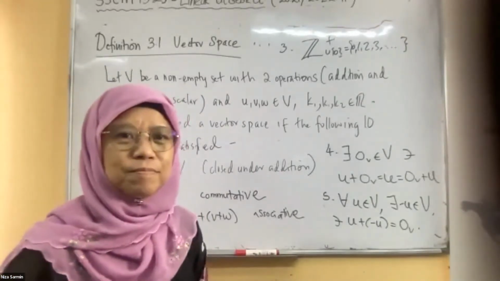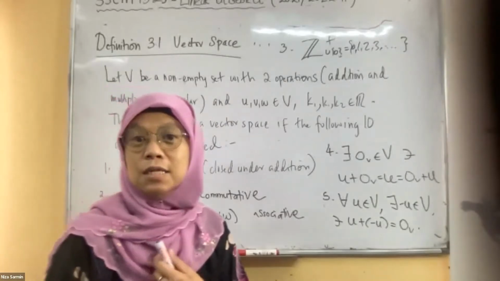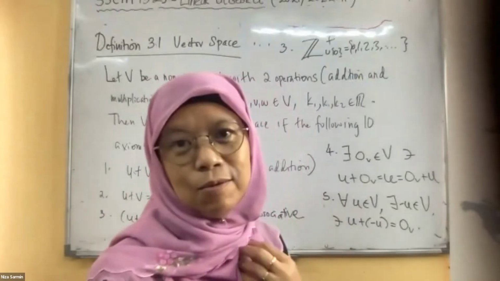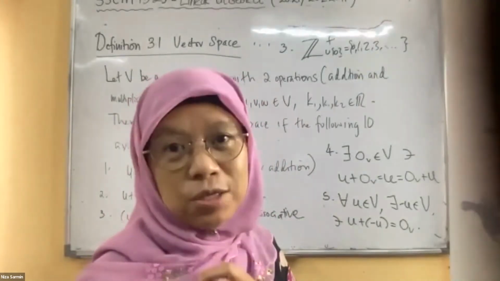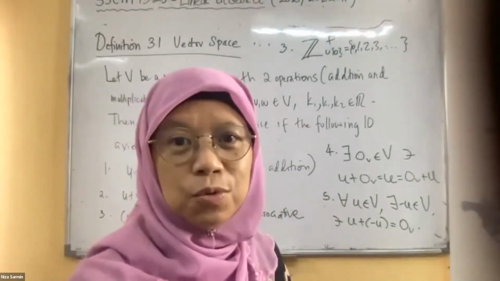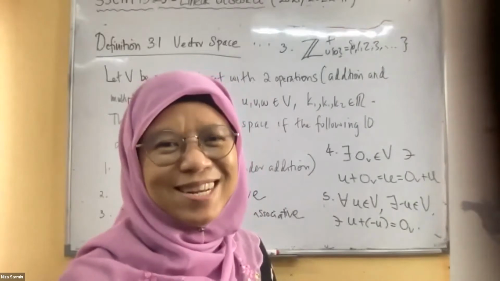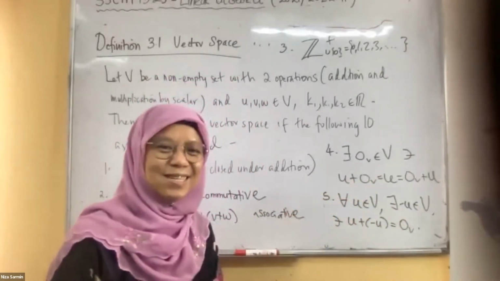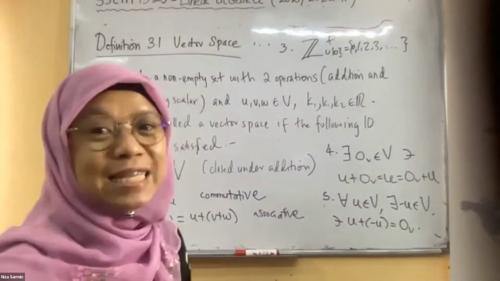Why not? Still no, because if I give you 3, what do you add 3 with to get 0? 3 plus what is 0? Negative 3, right? But negative 3 is not inside here. So there is no negative.